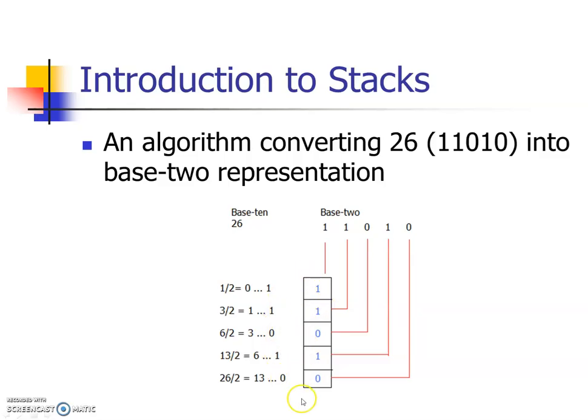So we need to have a structure just like when we were playing the card or parking the cars. When we get a 0, we store the 0 at the bottom, and then we have 1, 0, 1, and 1. Once we finish our operation, we will retrieve our values from the top to get a reverse order. So we will get 1, 1, 0, 1, and 0.